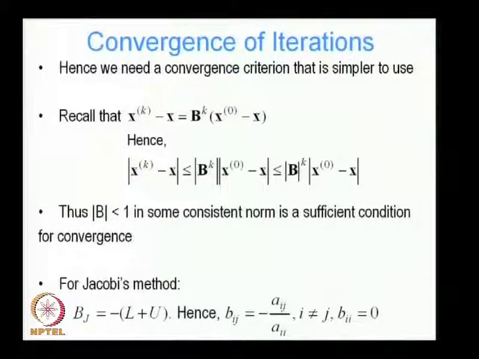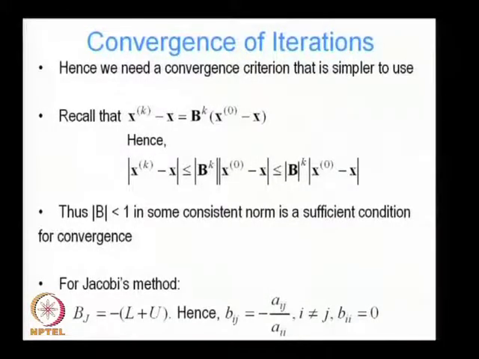But this is a sufficient condition for convergence. This is not a necessary condition. So long as this is less than 1, we are going to converge, but it is going to converge only if rho B is less than 1. So, these are two different things. This is a sufficient condition, that is a necessary and sufficient condition.